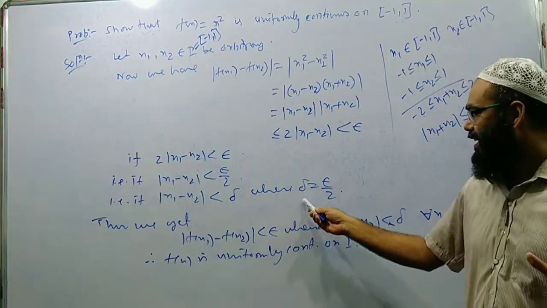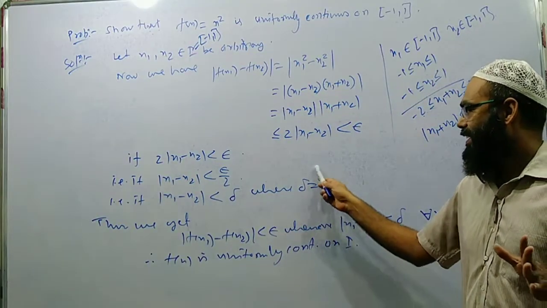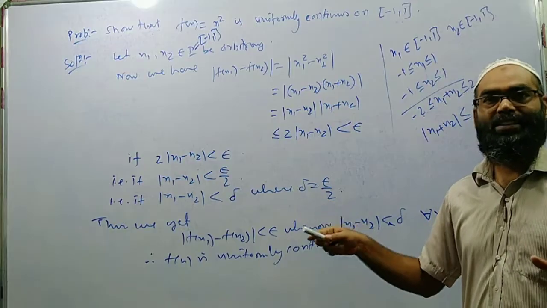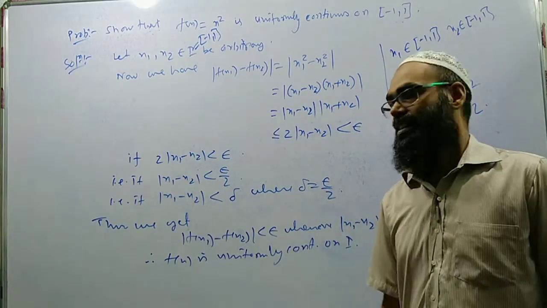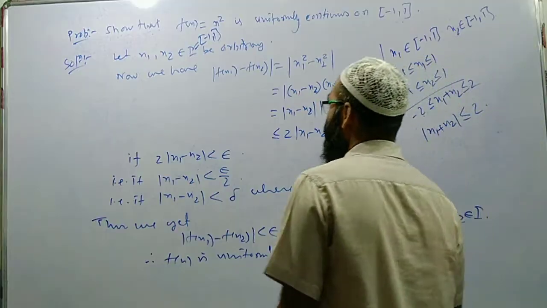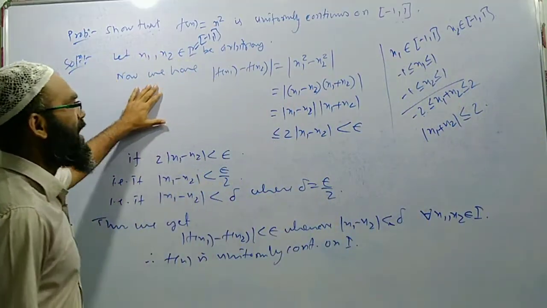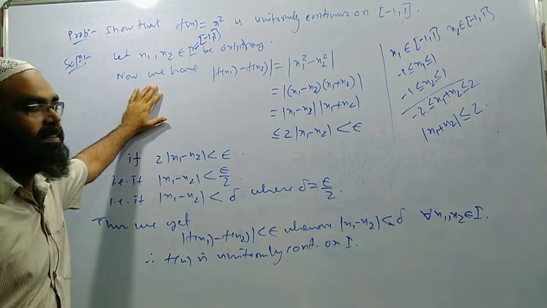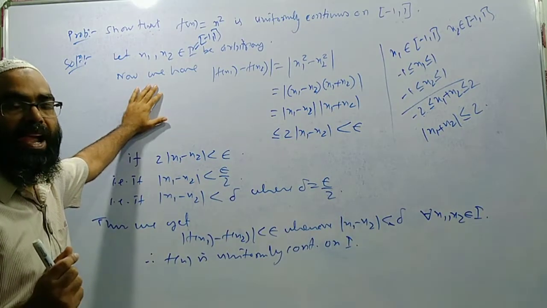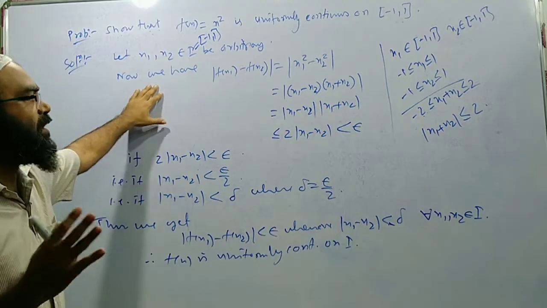Observe delta equal to epsilon by 2, that is, delta depends on the choice of epsilon. So this is the technique to examine whether a function is uniformly continuous or not by using the epsilon delta definition.